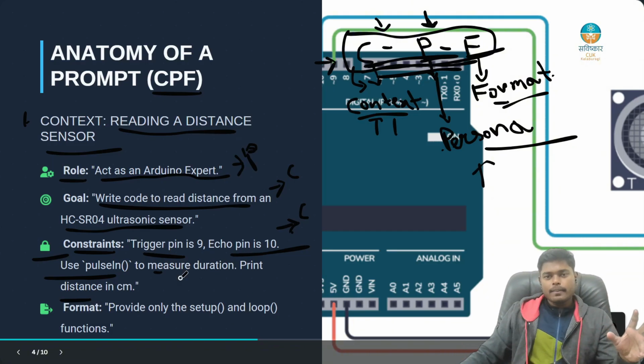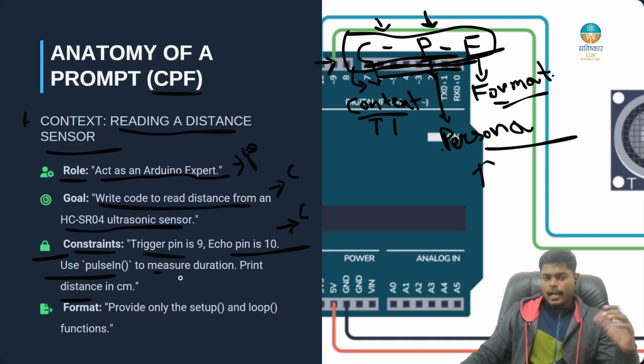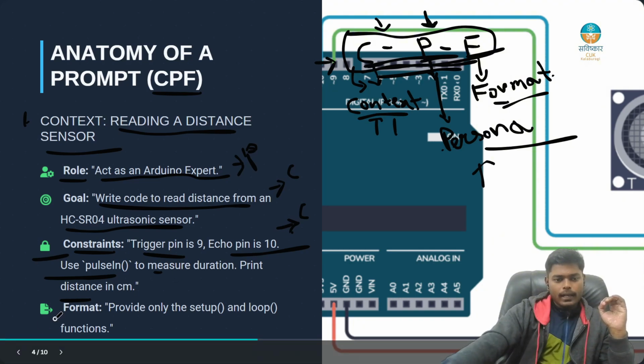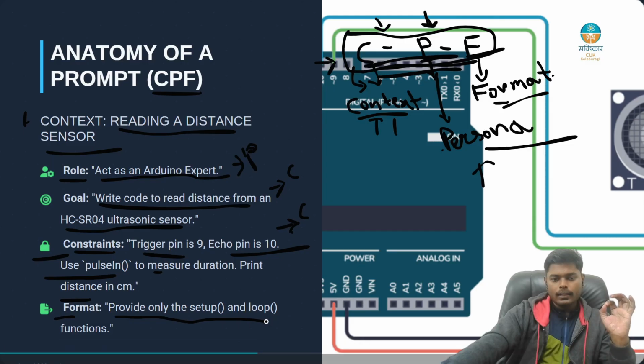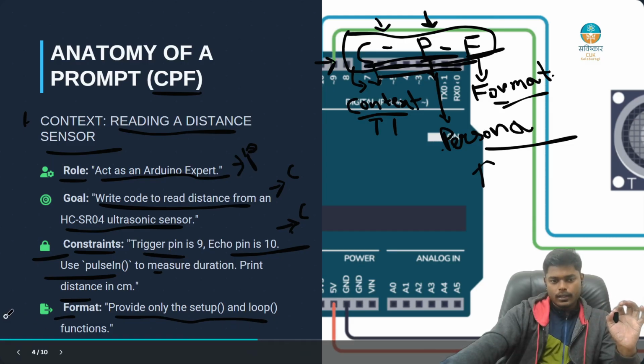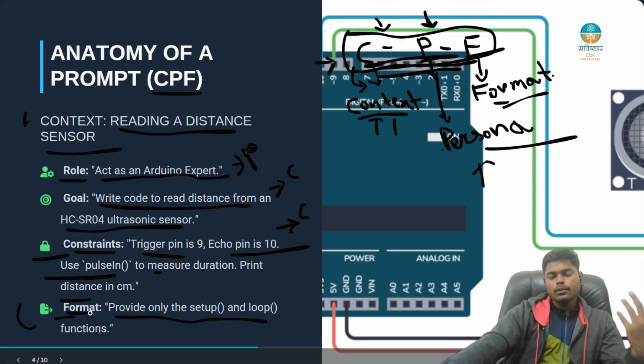The code which we did in our previous class, I've taken that simple example here. And in the format, I said to provide only the setup and the loop functions.